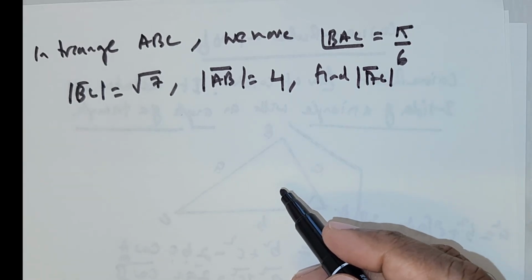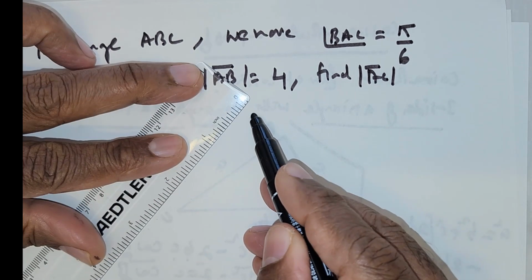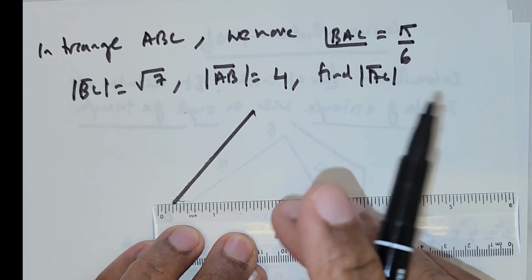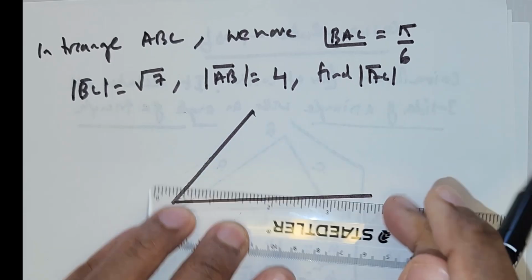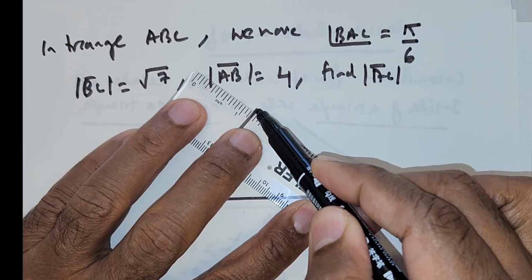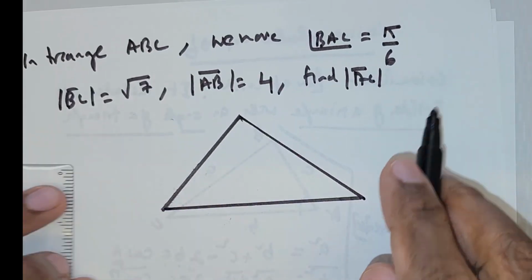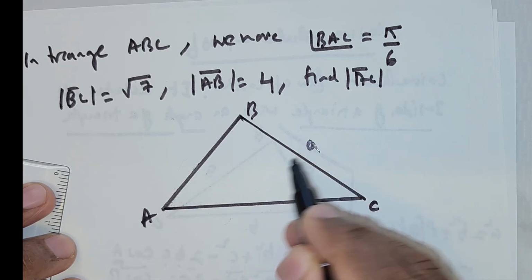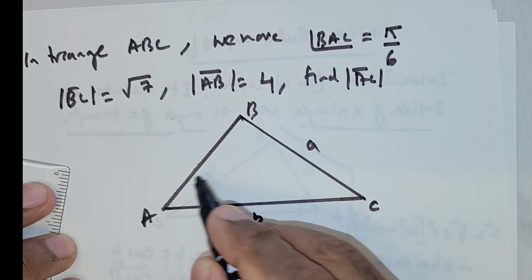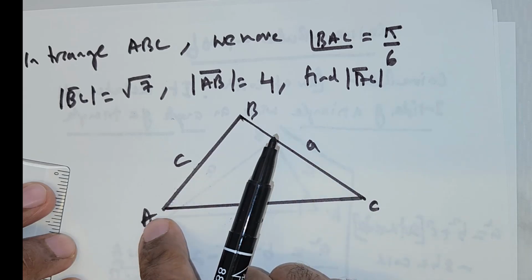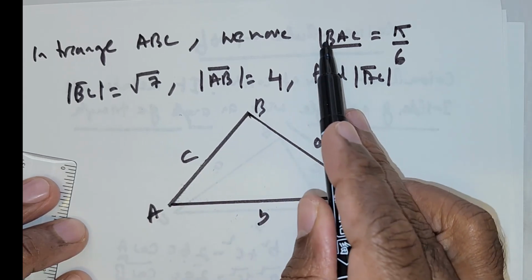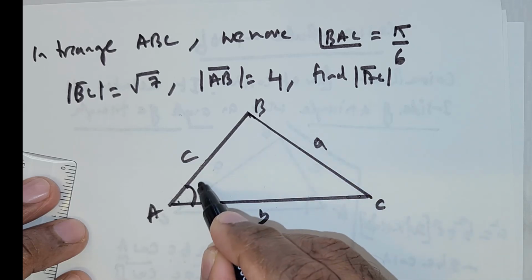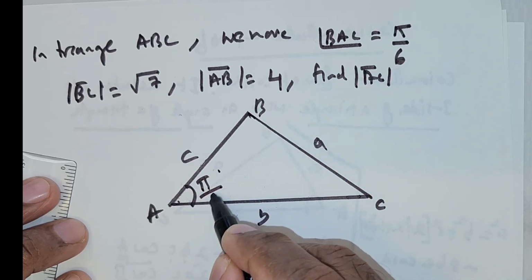So let us draw the triangle. So this is A, B, C. Side opposite A is a, this side is b, this side is c. Now we are being given angle BAC, which is pi over 6.